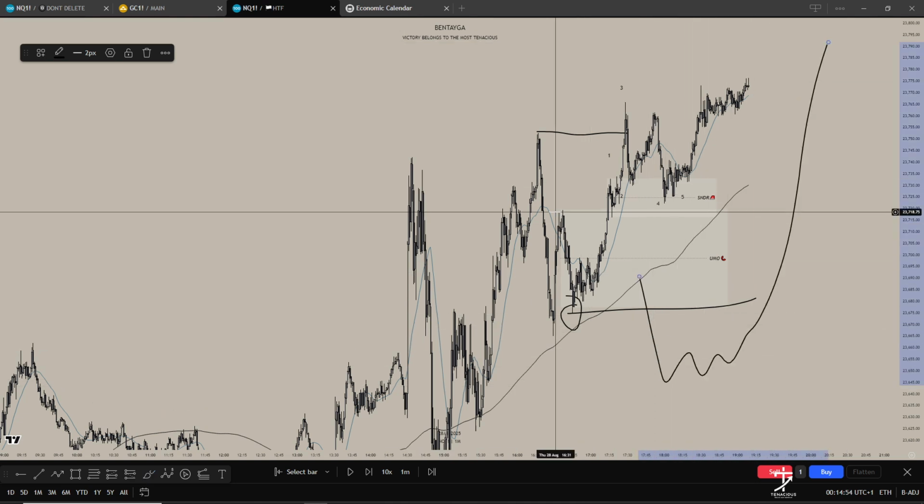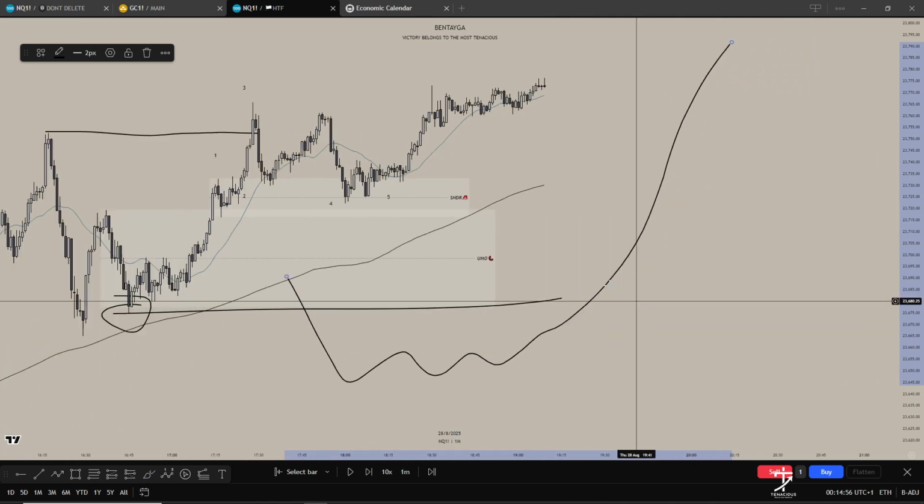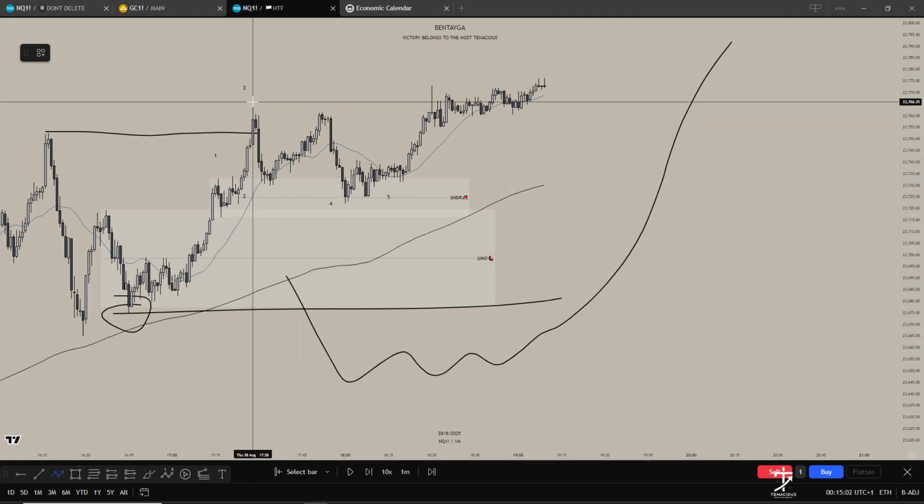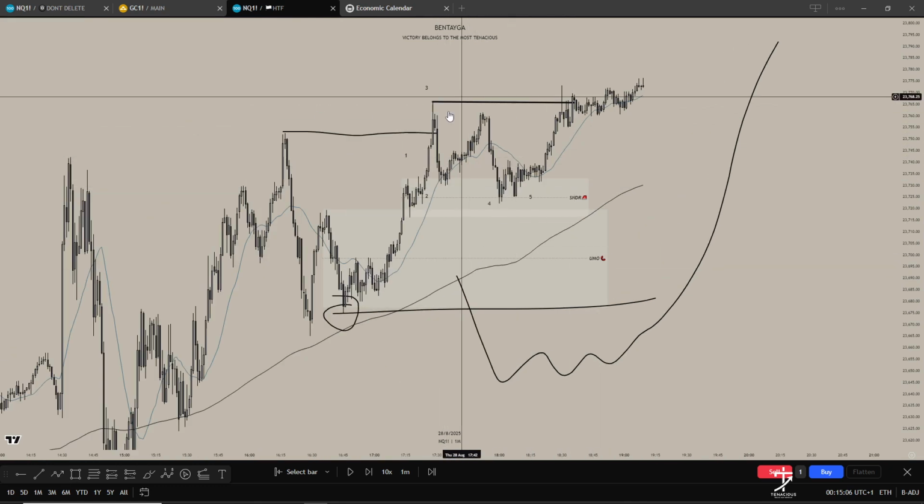I don't make the rules for this. But yeah, normally if it's a good SNDR, the SNDR will take out our previous high, which is our number 3 in this case here. And obviously that was the case.